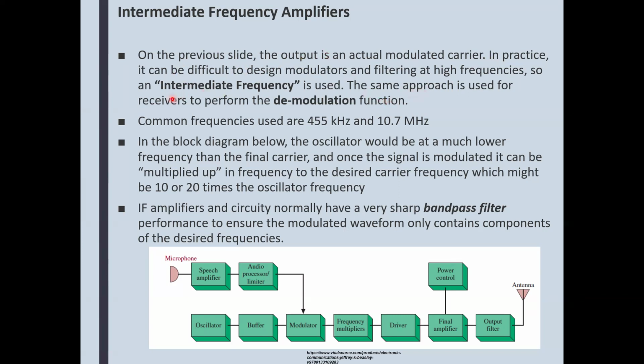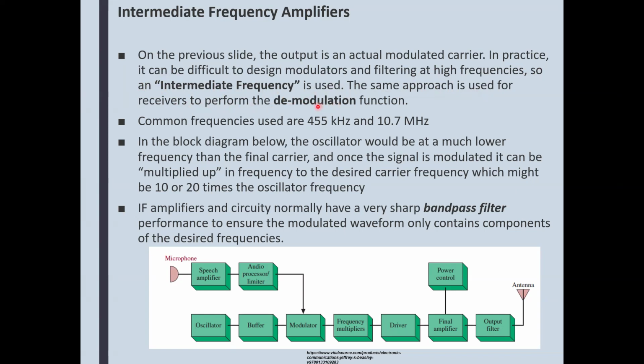It can be difficult to design modulators and filtering at the receiver and at other transmitting stages as well. At high frequencies, and many frequencies, an intermediate frequency is used. So that's the idea of the intermediate frequency here. The same approach is used for receivers to perform the demodulation.